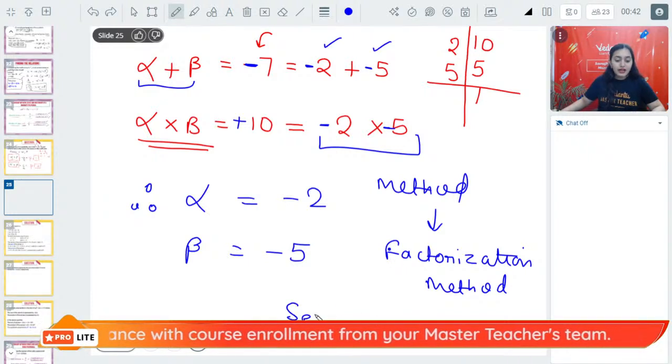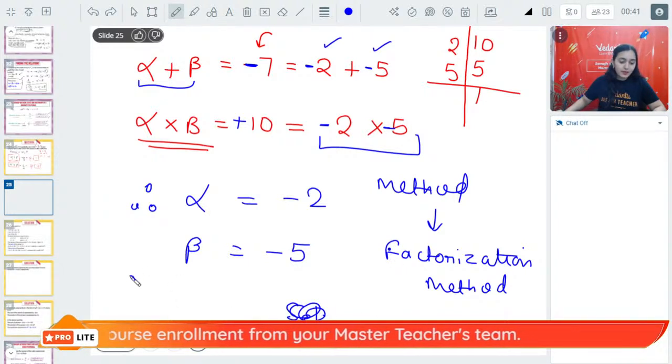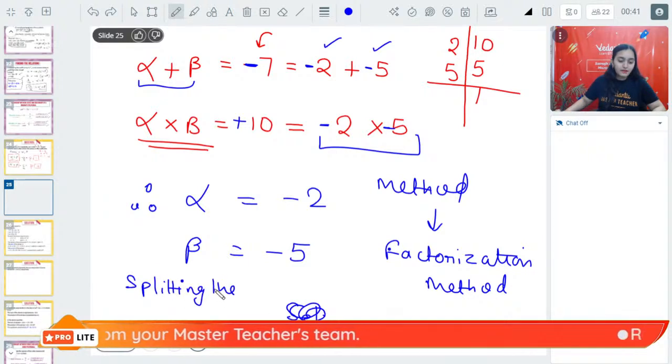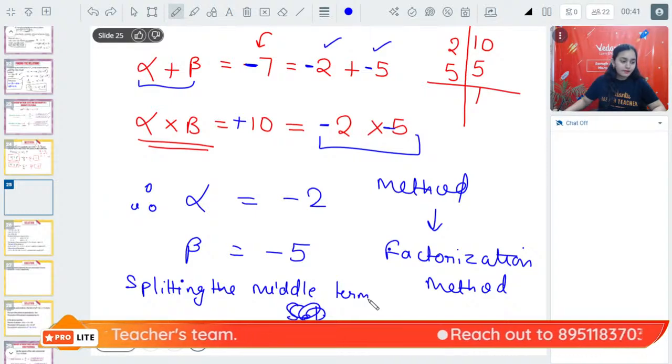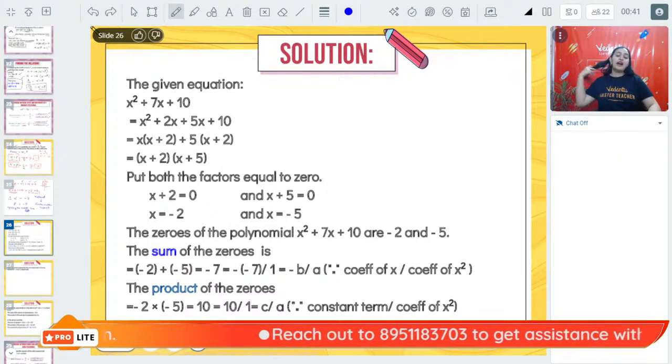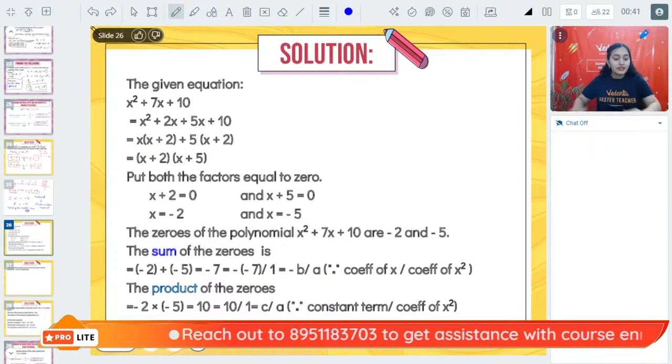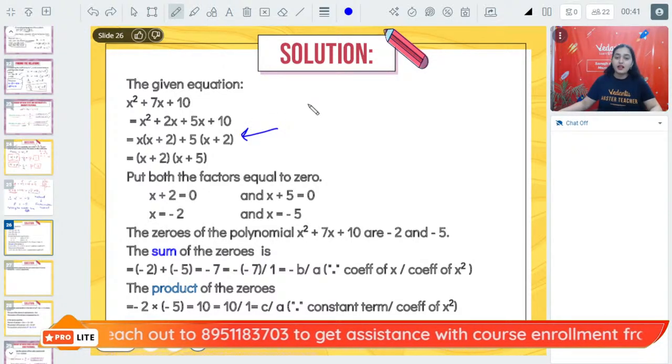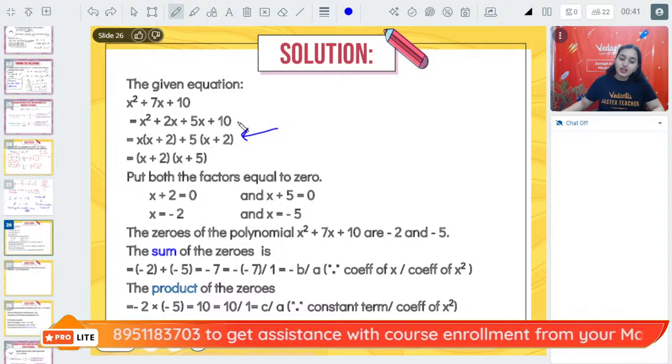It is also called splitting the middle term. All right. Now, another way to do it is, this is splitting the middle term. So, how do we do the splitting of the middle term?